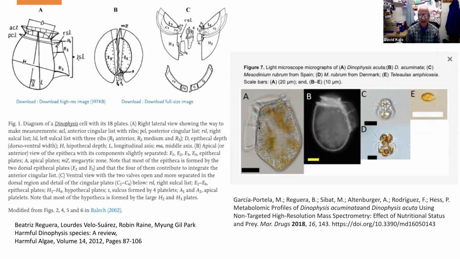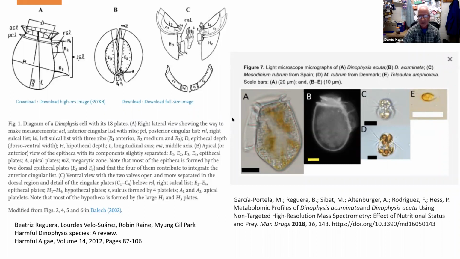Right, exactly. So we don't really need to talk about cingular and sulcal. We can call it the crown and the wing. Those are distinctive features of Dinophysis. And on the right-hand panel, we're showing you a Dinophysis norvegica cell.